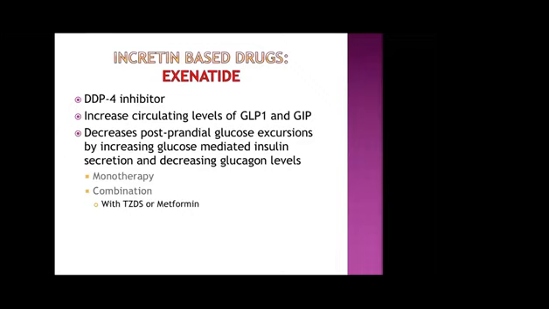Next, mali ako ng title dito. Dapat dito DPP4 inhibitors. Pakibago. For another group of incretin-based drugs, we have the DPP4 inhibitors or the dipeptidyl peptidase 4 inhibitors.